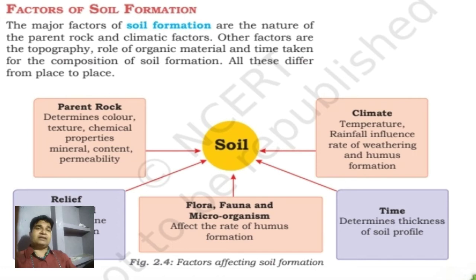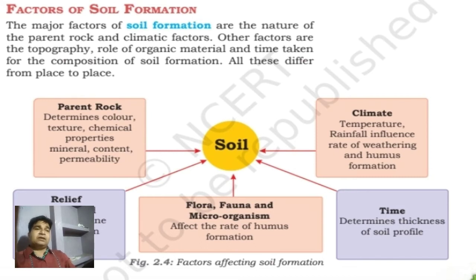Now you can see the factors of soil formation. Different factors are given, like parent rock, then flora means plants, fauna means animals, and microorganisms are very small organisms. Then climate, in which we have temperature, rainfall, then humus, then time.